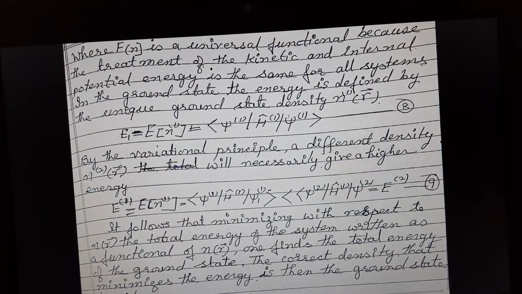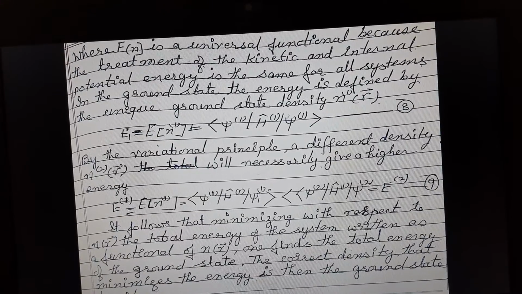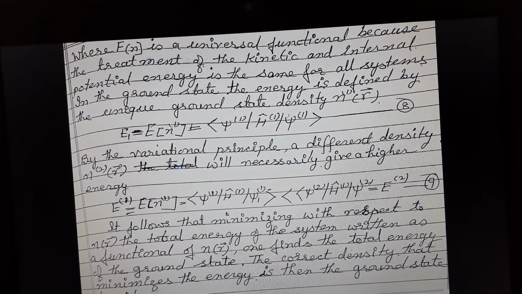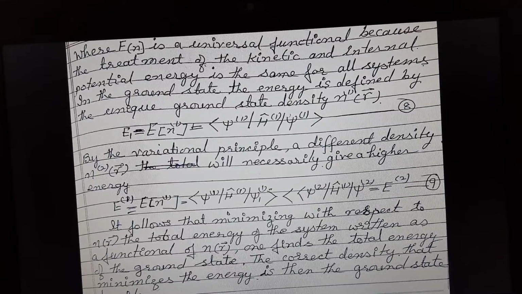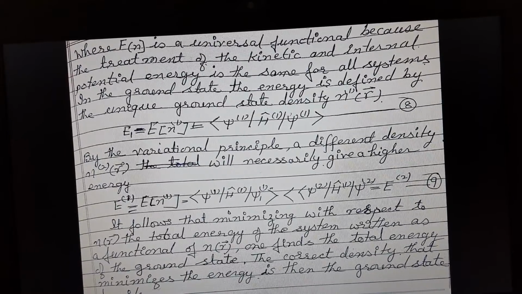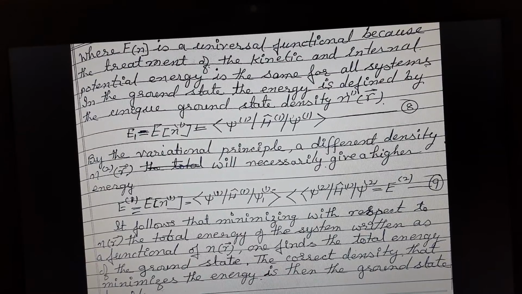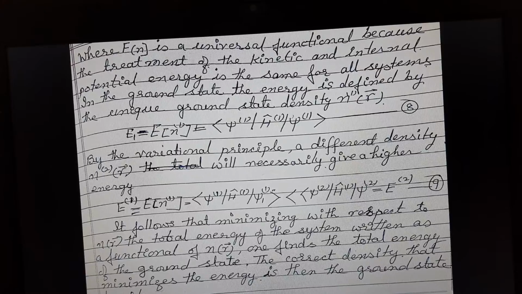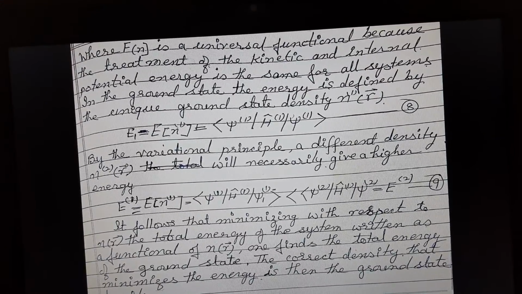It follows that minimizing with respect to n(r) the total energy of the system, written as a functional of n(r), one finds the total energy of the ground state. The correct density that minimizes the energy is then the ground state density.